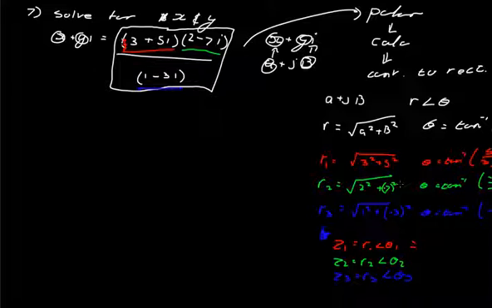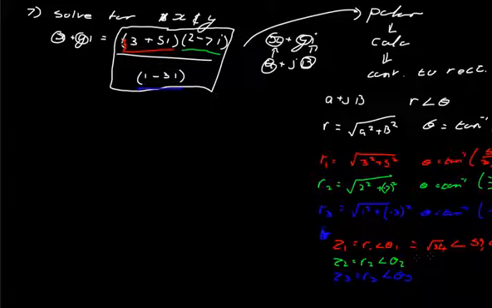So 3 plus 5i, we're going to convert that to polar form, and feel free to check this for yourself by calculating these and checking that I'm doing everything correctly. We've got root 34 angle 59.04.